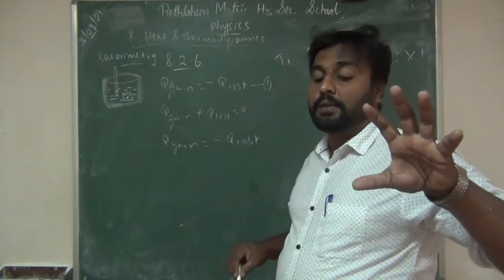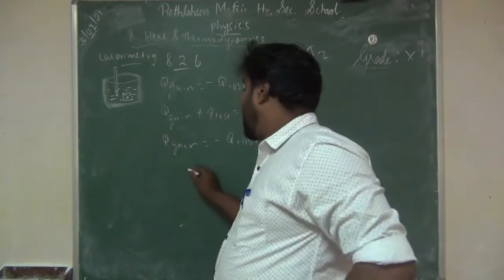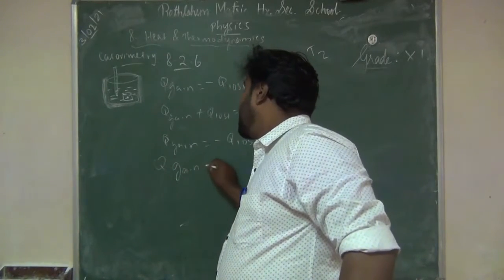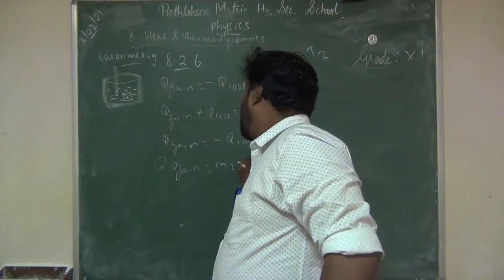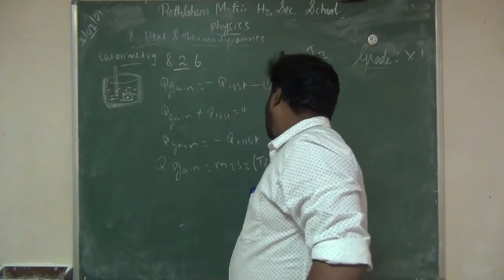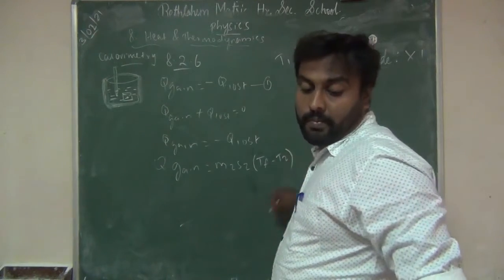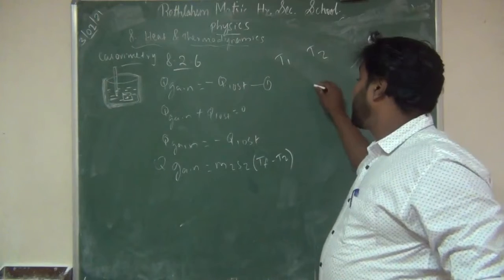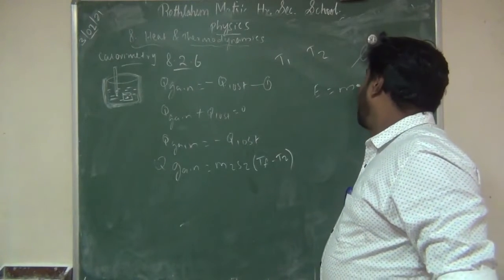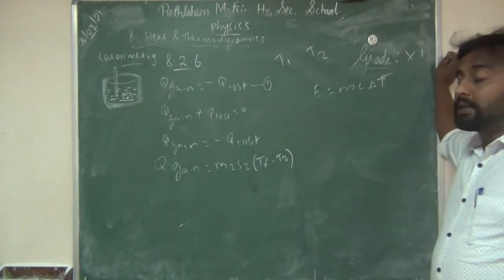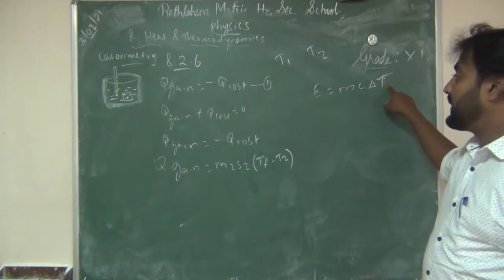Now, based on the specific heat capacity, you can write Q gain is equal to M2 S2 (TF minus T2). Actually, this is the specific heat capacity equation: E is equal to MC delta T.